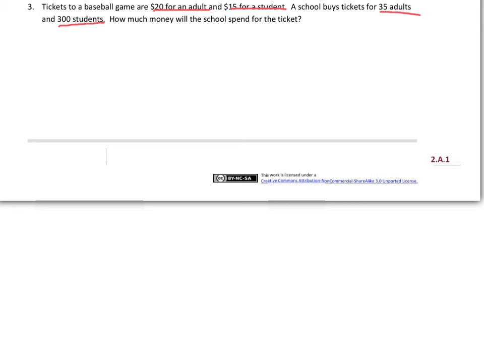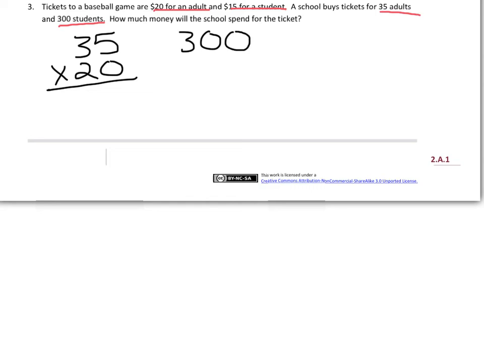So we're trying to figure out how much money the school spent on tickets.